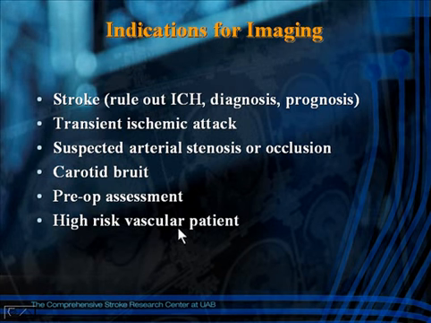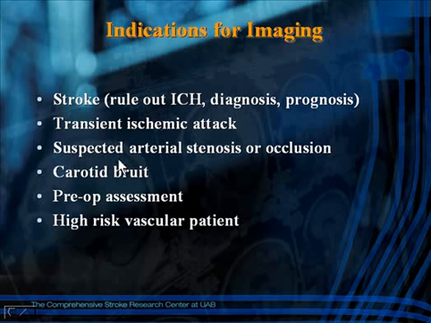So the main indication for brain and head and neck imaging is, of course, stroke. The goal here is to rule out intracerebral hemorrhage or other types of hemorrhage, establish the diagnosis of this event, and give some prognosis for the patient and options for management. The hot new area of imaging is transient ischemic attack, and I will mention that when we review appropriate tests.